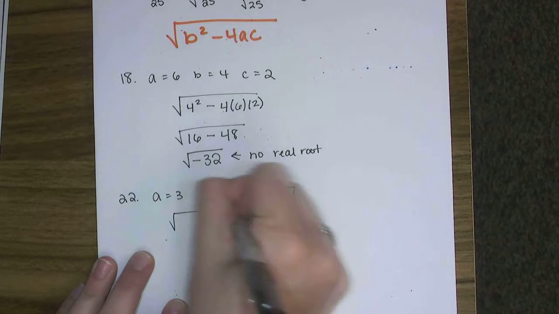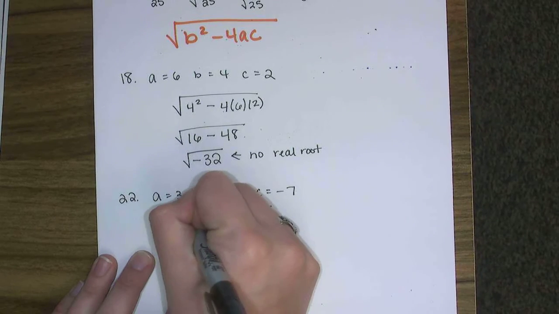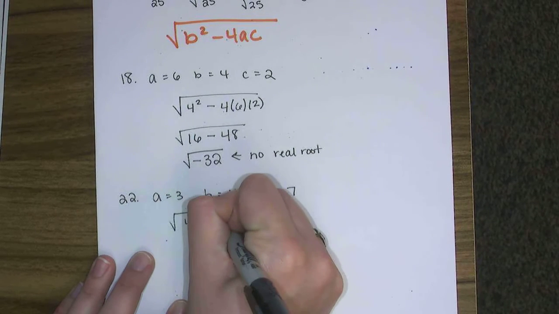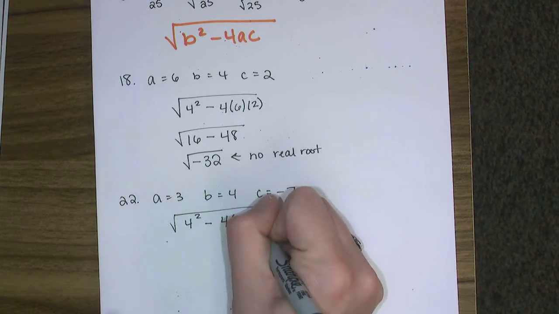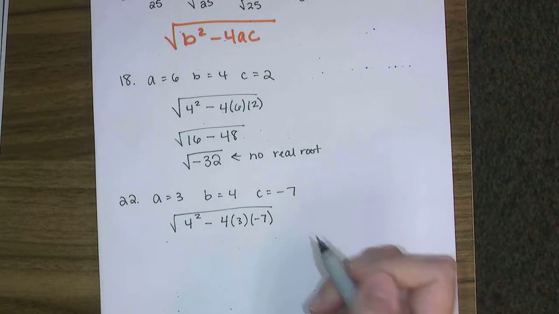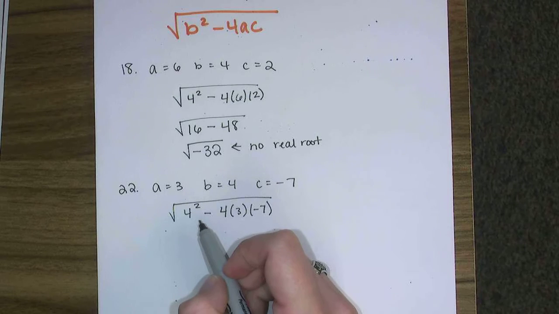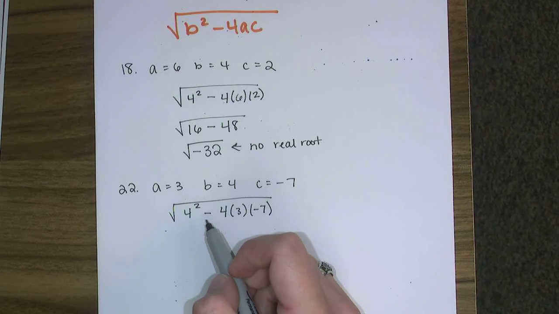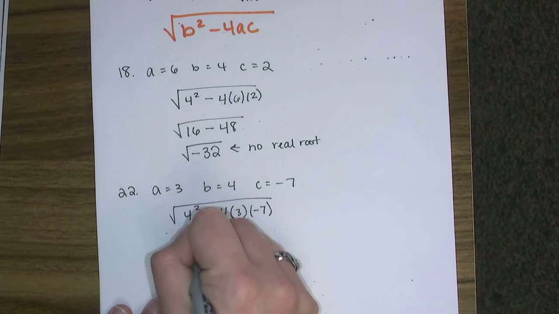Now, you're probably looking at this one and maybe you're thinking, oh, it's going to be negative again. But in this case, it will not be. So this is the square root of 4 times 4 is 16. I have two negatives here. Negative times negative is a positive, so plus 4 times 7 is 28 times 3, so I'm going to have to do that over here.